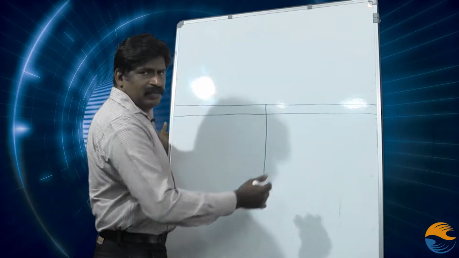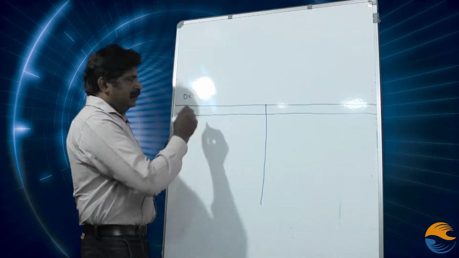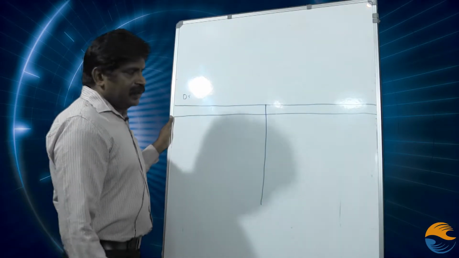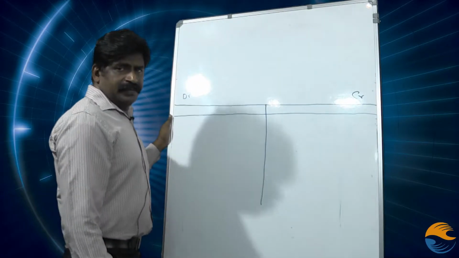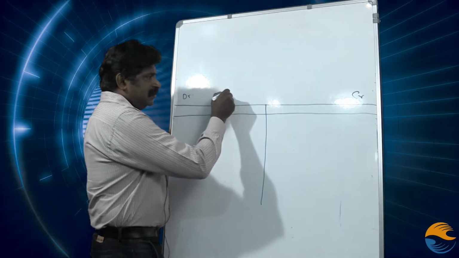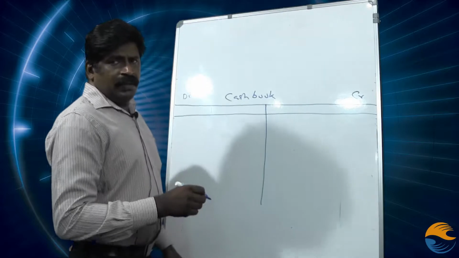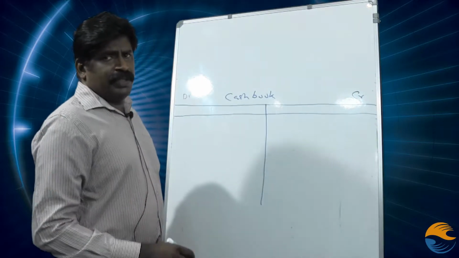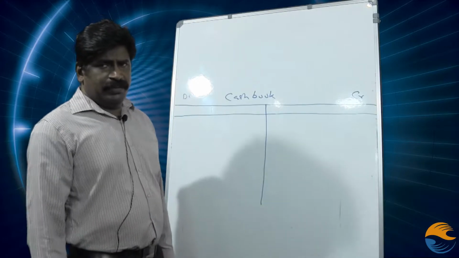Left side and the right side will be there. Left side is called debit side and the right side is called credit side. And this is cash book. This is single column cash book, which is otherwise called simple cash book.